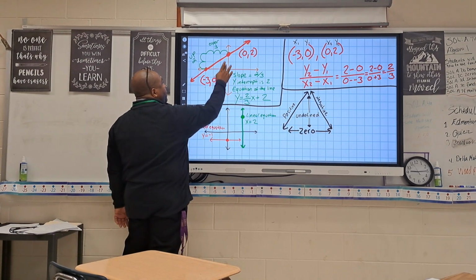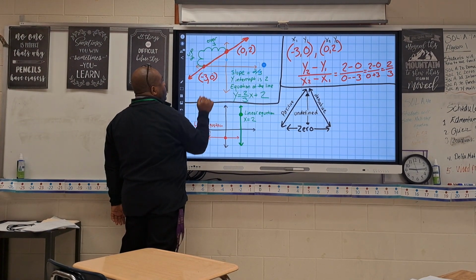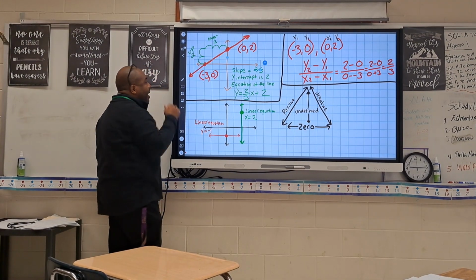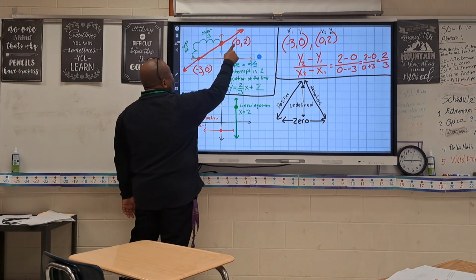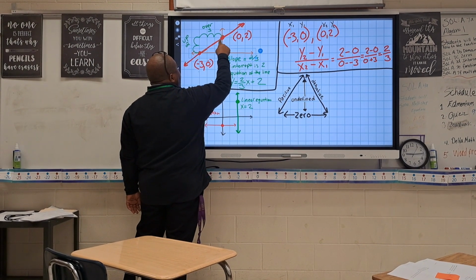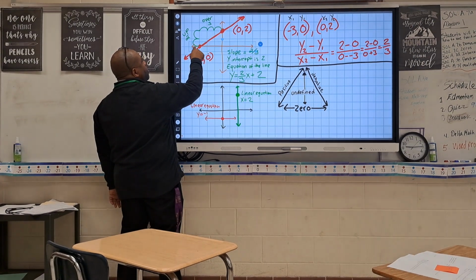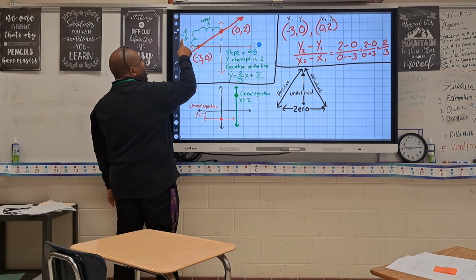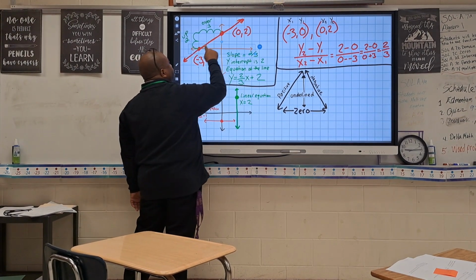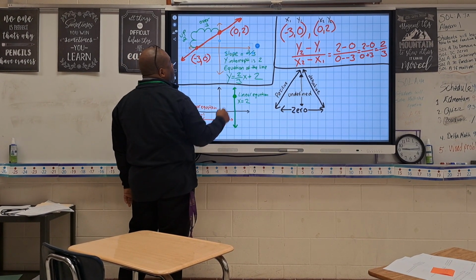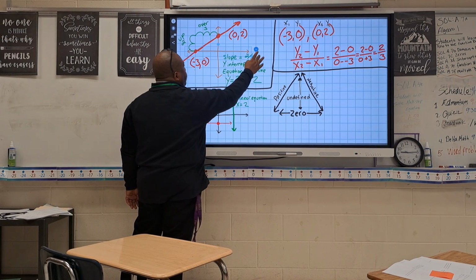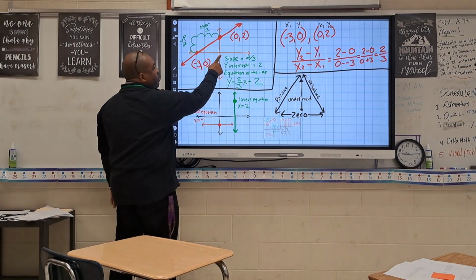And since it's not up or down, it's right on the 0 line, that's why the y is 0. So to go from -3, 0 to 0, 2, I had to go up 2, 1, 2. I didn't go up sideways, I went straight up the line. Then I went over 3. So my slope is 2 over 3.